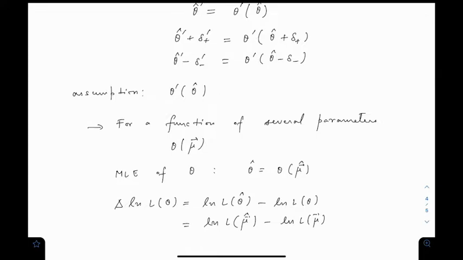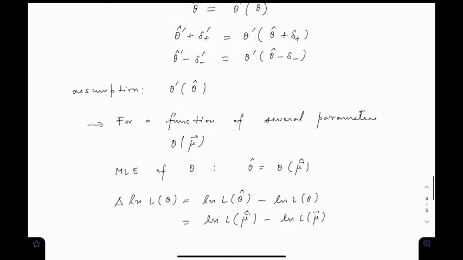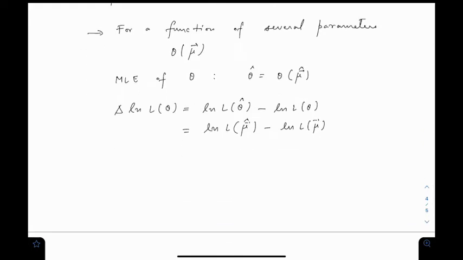The one standard deviation limits are the two extreme values of theta located on the delta log L of theta equals one half surface.